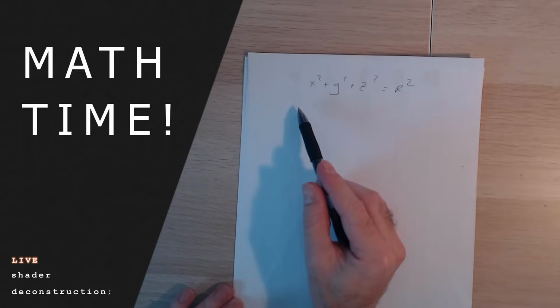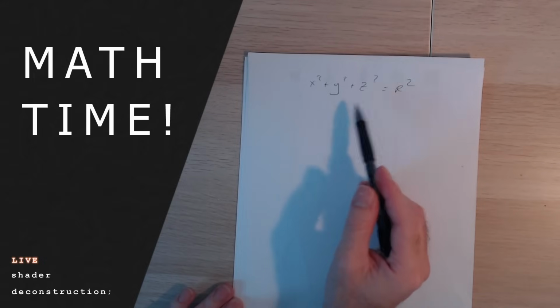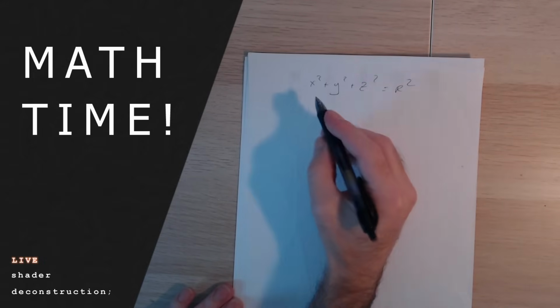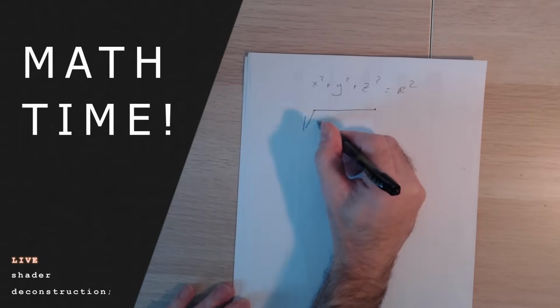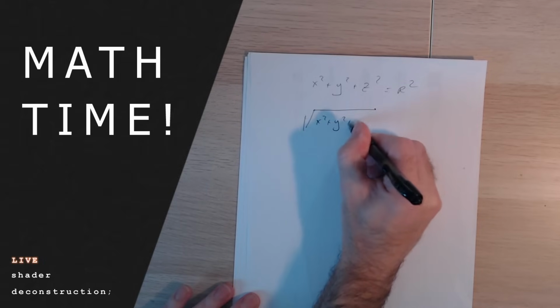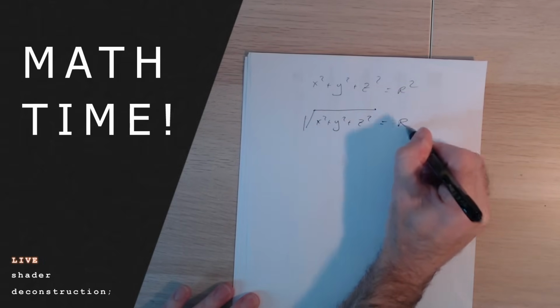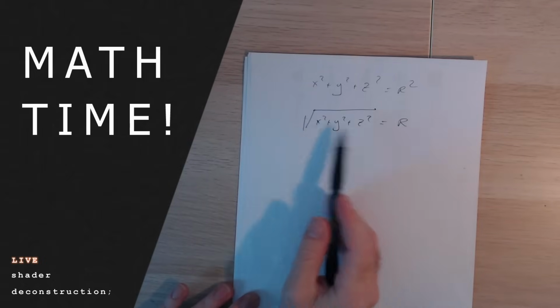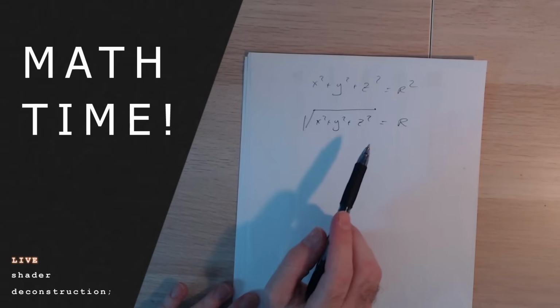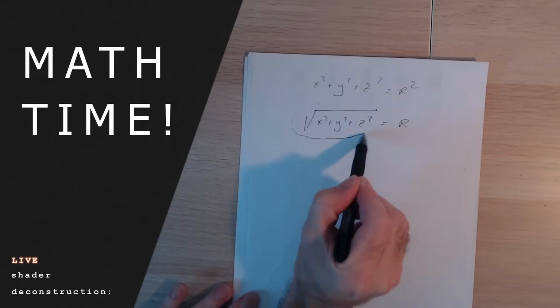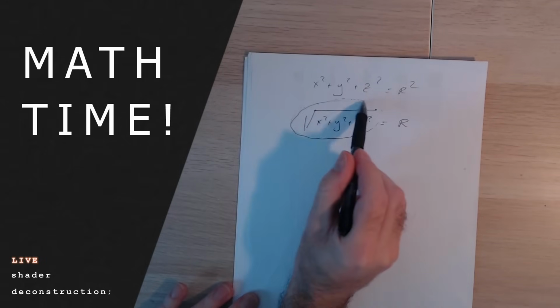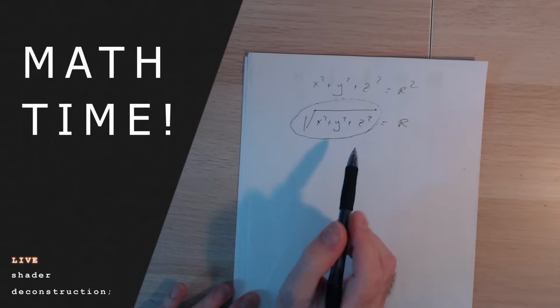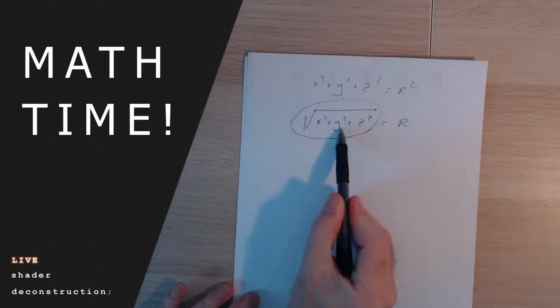Something you can do is to take a square root in both sides of this equation, and then you would get something like that. And that still represents the same surface. The same points that satisfy this equation are on the surface of a sphere. However, this time, this quantity here is a distance, or basically the length of a given vector of coordinates x, y, and z.